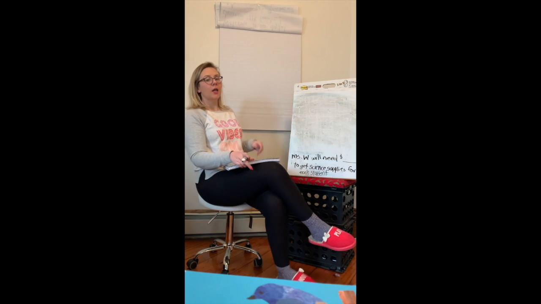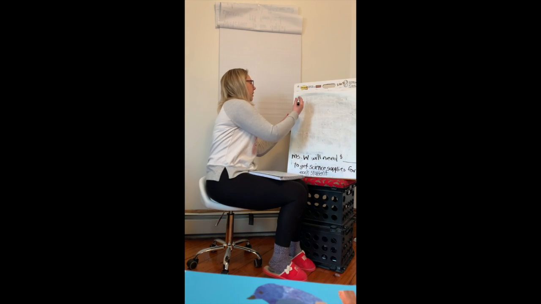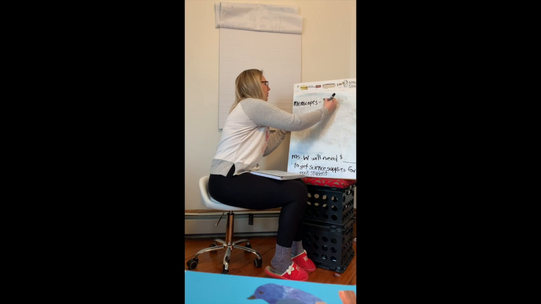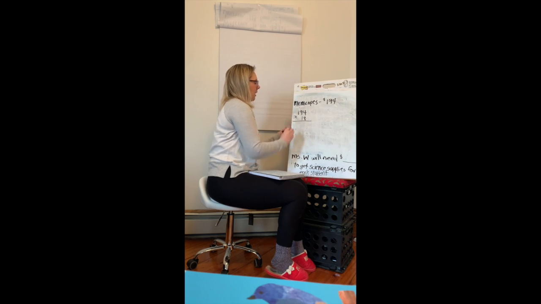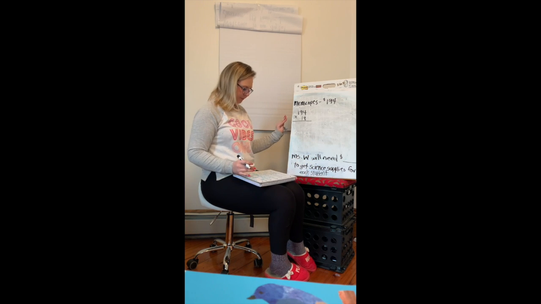I believe in you. My first step for me would be, I want to find out how much she spends on the microscopes. I know that they are $194 each. I know that she has 18 students, so I'm going to do 194 times 18, and that will give me my total for microscopes.